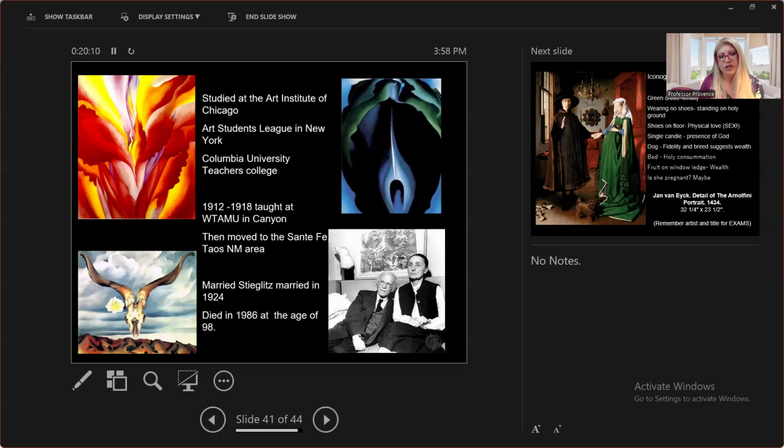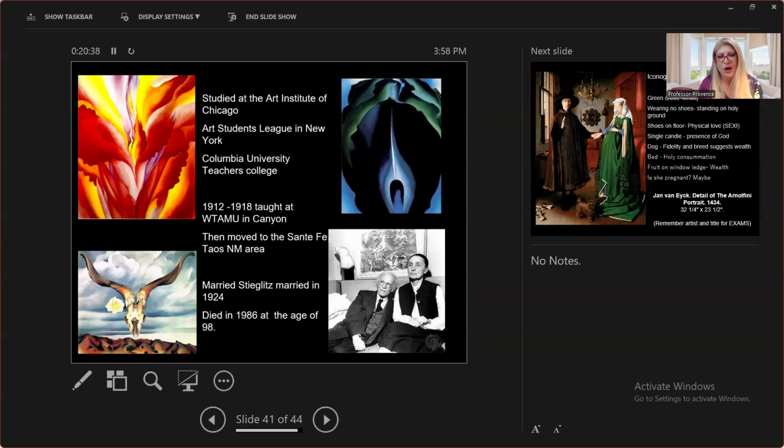And she actually met him because Stieglitz was instrumental in being the first to make photography viewed as art, that it had the potential to be artistically a field. And she saw her painting in the window of his gallery there in New York, and she went in.